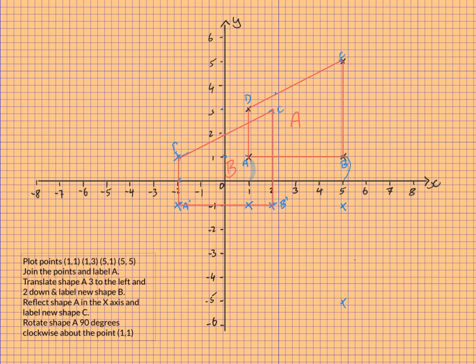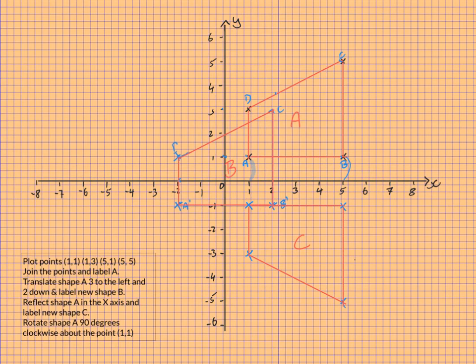And D is 3 from the x-axis, so we go 3 the other way. And then we can join those points up to give us shape C. And there you can see the reflection of shape A in the x-axis giving us shape C.